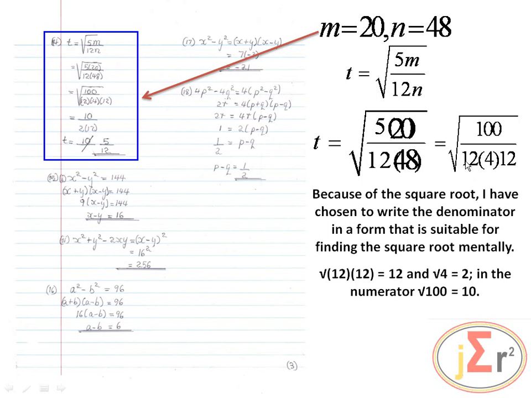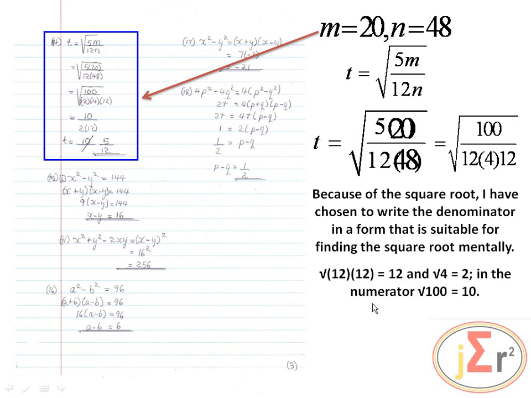So we have these two occurrences of 12. We are taking them together, finding the square root of 12 times 12, which is equal to 12. And also finding the square root of 4, which is by no means steep. The square root of 4 is equal to 2.